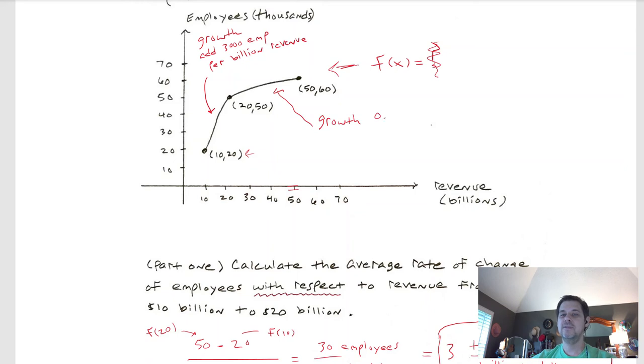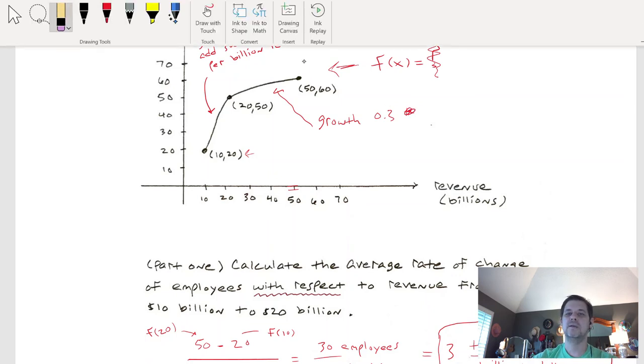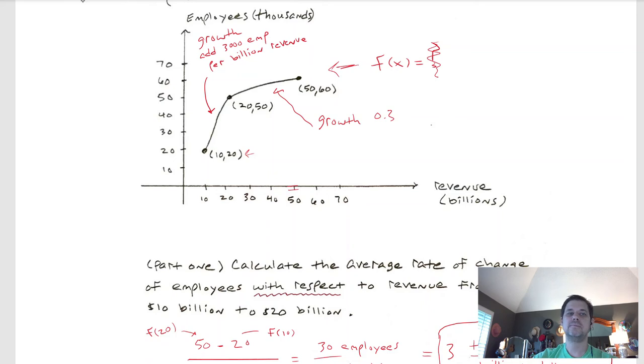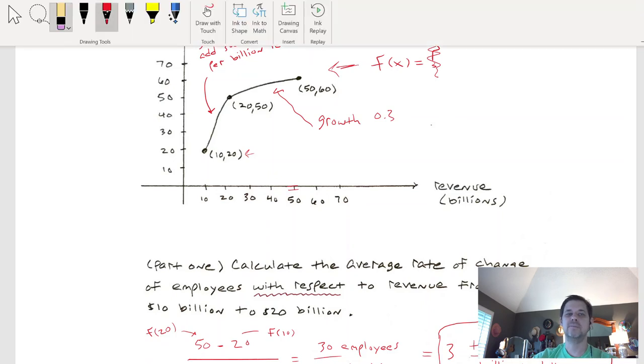So the growth is going to be 0.3 thousand employees, or add, let's do it like this. I'm sorry. I want to write it the same way that I did in that first part.